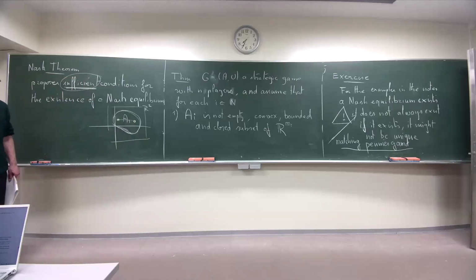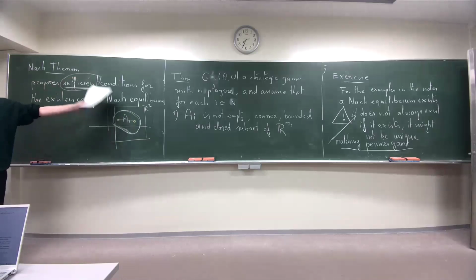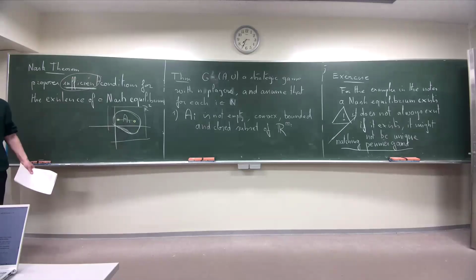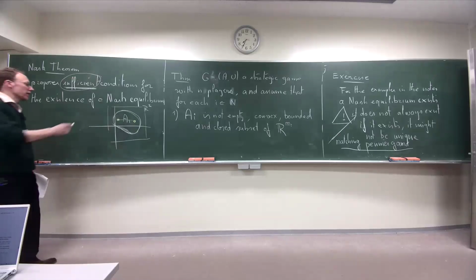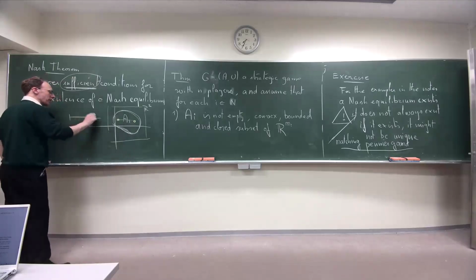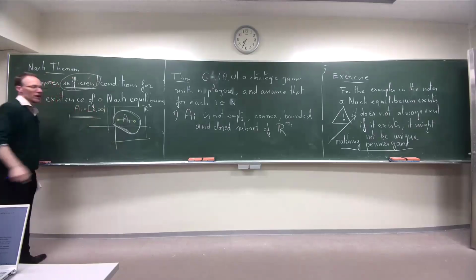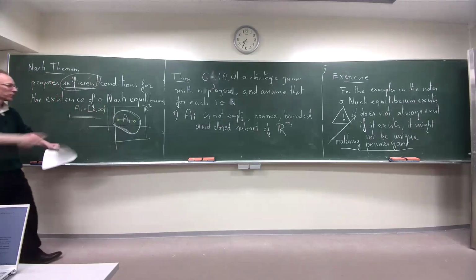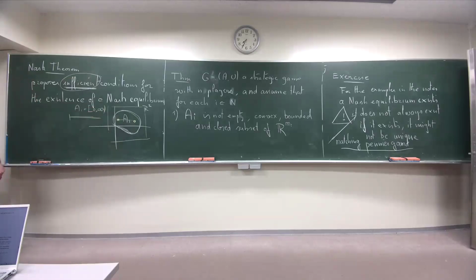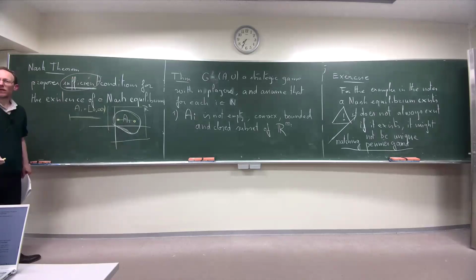And for example, for the prisoner's dilemma, it's clearly not possible because we have only 2 points. For the other example, remember Ai was a half line, 0 to infinity, which is not bounded. You cannot put this in a box, and still it is convex, but it's not bounded. So you can already see that it does not apply. Please check.